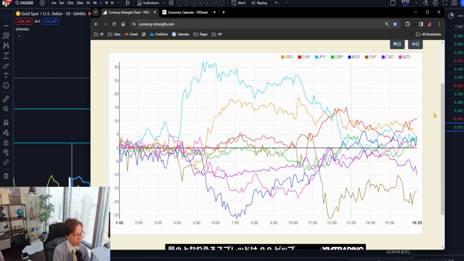So after news release, if you refresh the website 5 minutes later, then you see the angles of each pair up and down. And that's one of the easiest ways to capture exactly how the news affected. So not only non-farm payrolls, but also you can use this idea on any news.